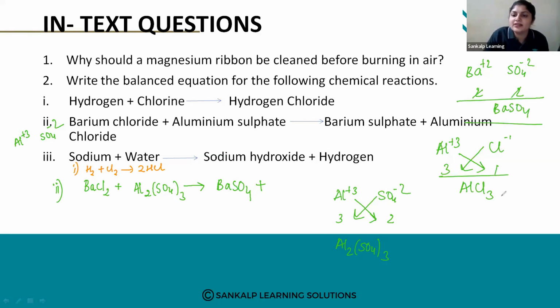This will be AlCl3 because they have unequal charges, so it will be crisscross. Now BaCl2, here also I'll write for BaCl2, Ba plus 2, Cl minus 1. So 2, 1, crisscross. So this will be BaCl2. Then aluminium chloride is what?